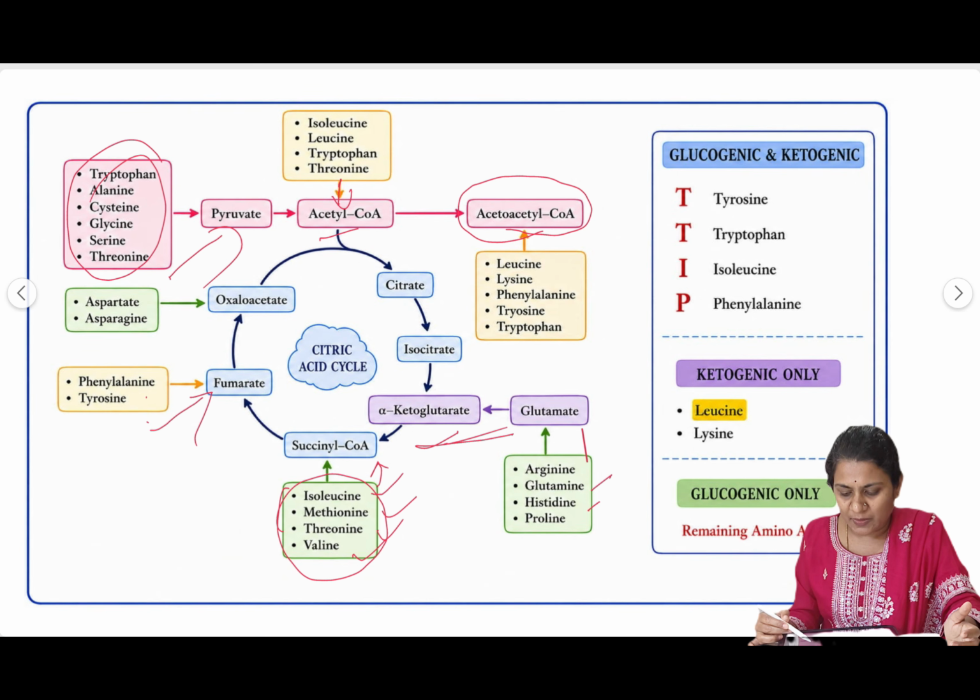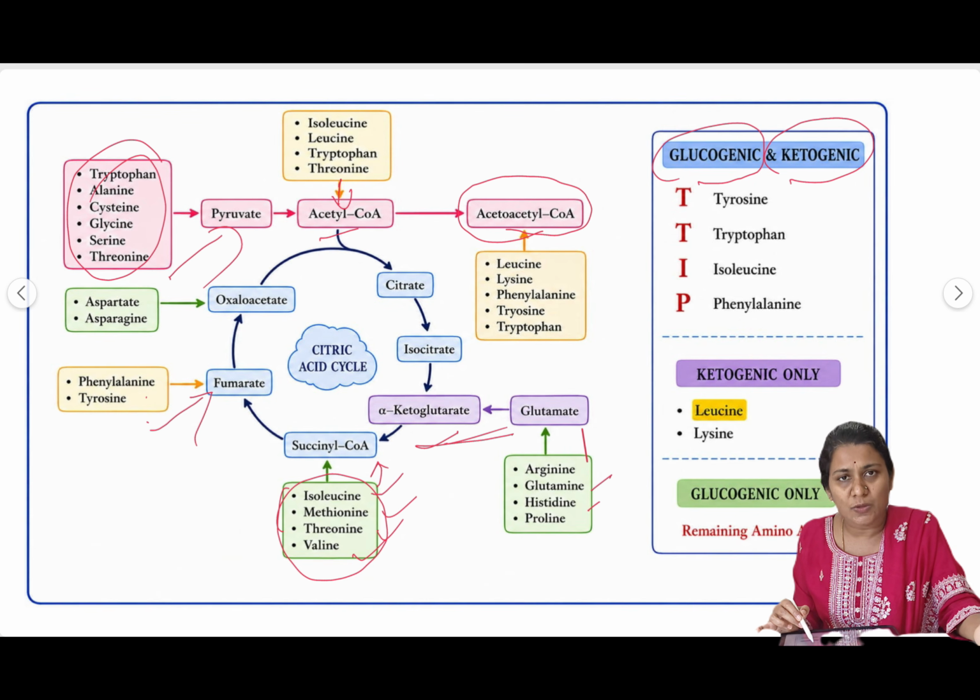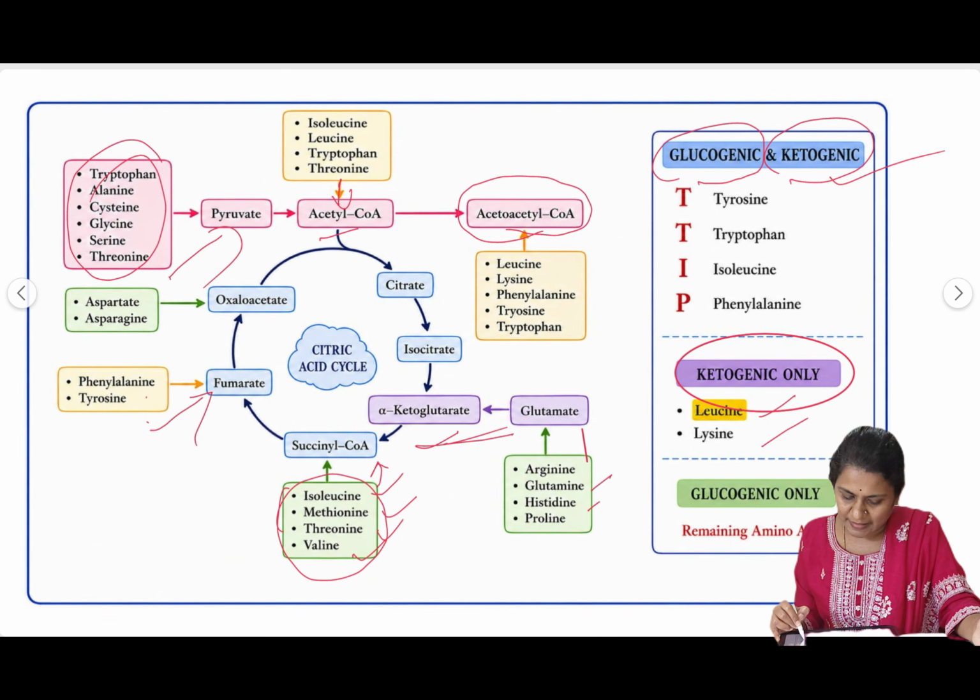So some amino acids after metabolism can be converted into both gluconeogenic and ketogenic products, so glucose can be produced and ketone bodies can also be produced. Some amino acids, leucine and lysine, produce only ketone bodies.